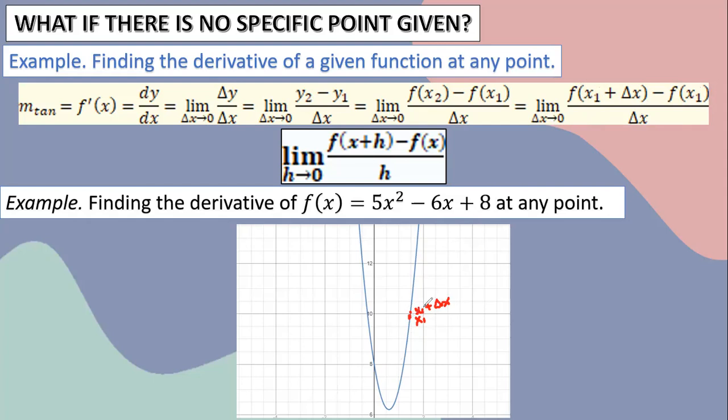Okay, so pinapaliit natin as much as possible yung small change na yon to find the slope of the tangent line.